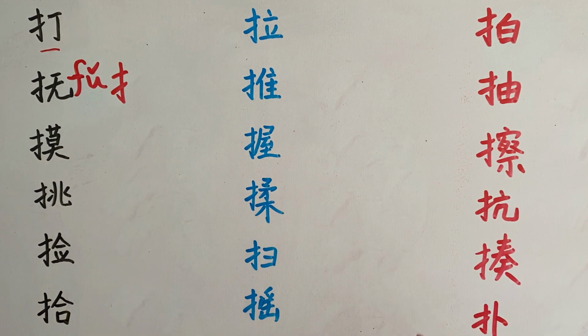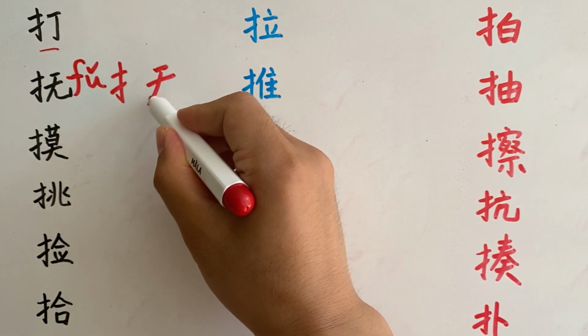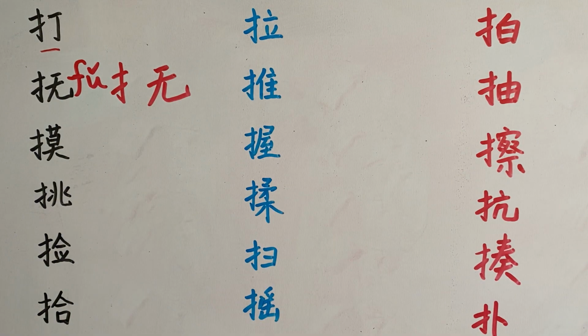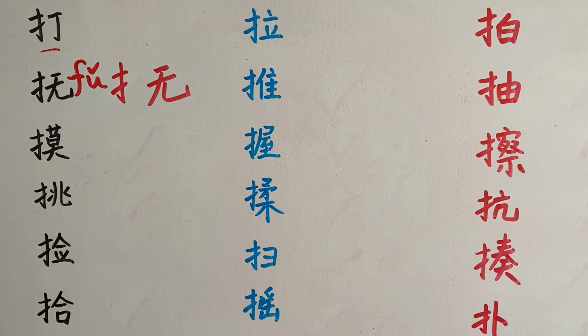This is the left part and the right part. So if you write this character, don't separate the two parts far away. You have to be aware of the distance between the two parts, like this one, right?